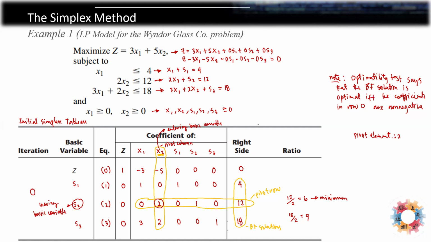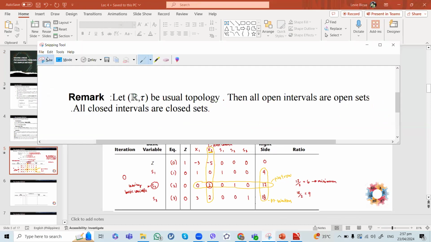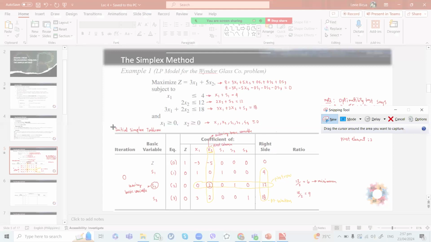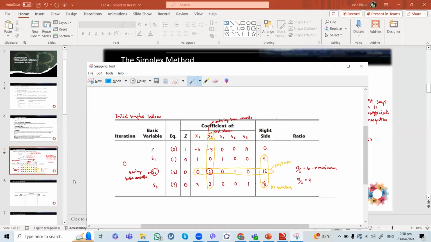Okay, so what do we do next? Since our initial simplex tableau fails the optimality test, then we're going to do iteration. To facilitate our discussion, and so that we can have a reference table to do iteration, we'll copy this to the next slide.